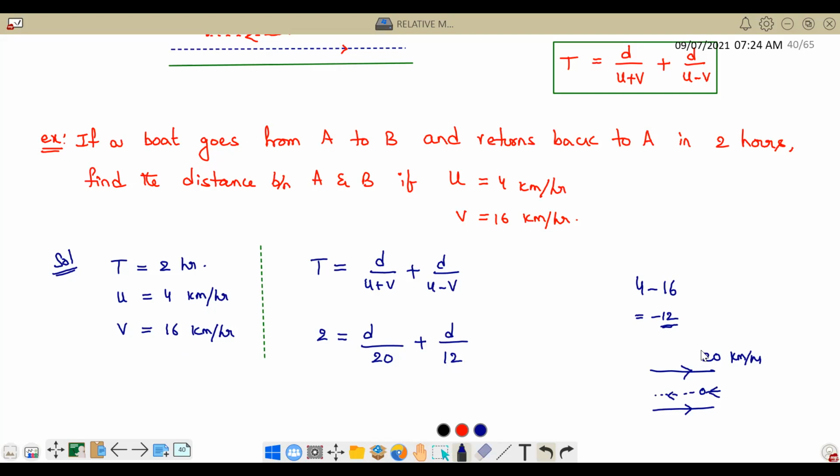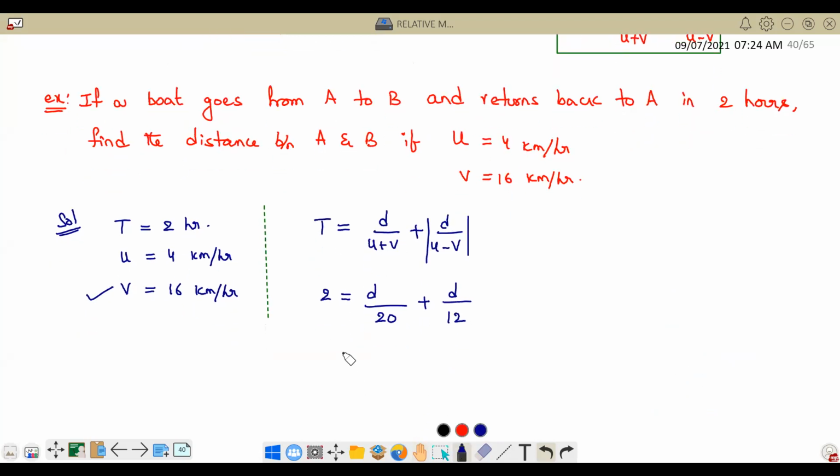Yeah. So this value will always be greater than the river's value in the upstream. Therefore, just take the magnitudes only. That means you can take the mod value. If you have any doubt, you can take the mod value.